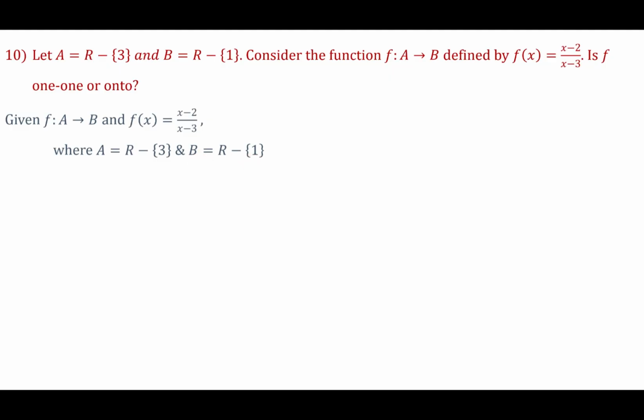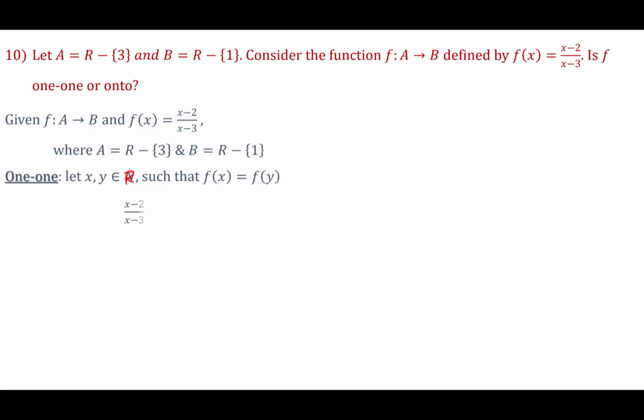For one-one function, let x comma y belongs to all real numbers. I wrote natural numbers, sorry. x comma y belongs to all real numbers such that f of x is equal f of y. f of x is nothing but x minus 2 over x minus 3, and f of y is nothing but in place of x you write y minus 2 over y minus 3.